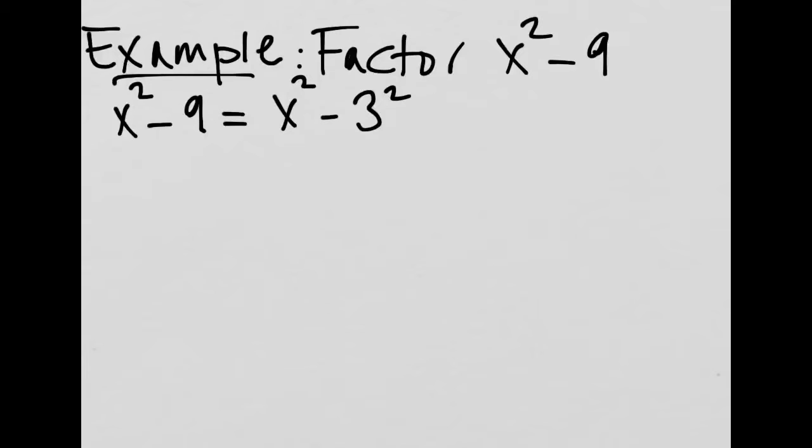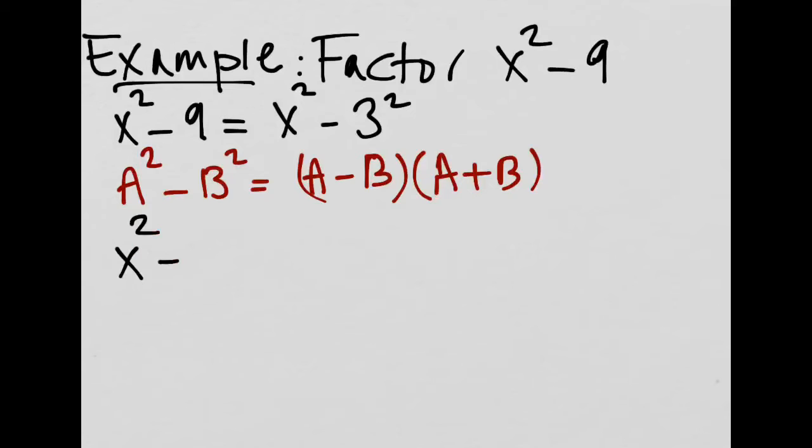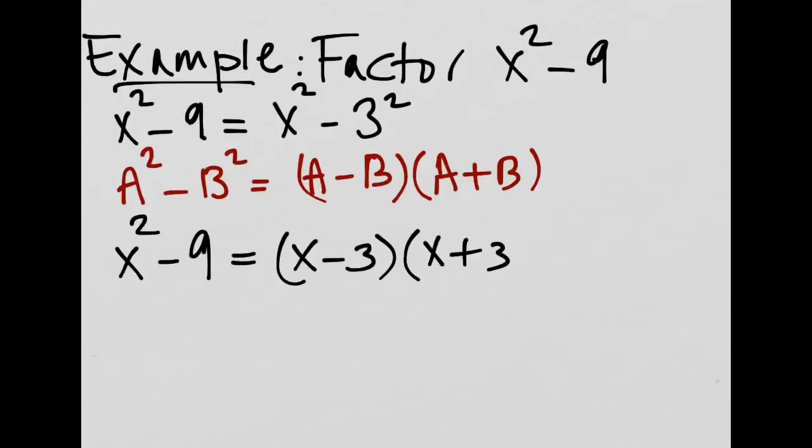And that's something of the form a squared minus b squared, which we know we can factor as a minus b times a plus b. Here, x is playing the role of a, and 3 is playing the role of b. So with that said, x squared minus 9 can be factored as x minus 3, x plus 3.